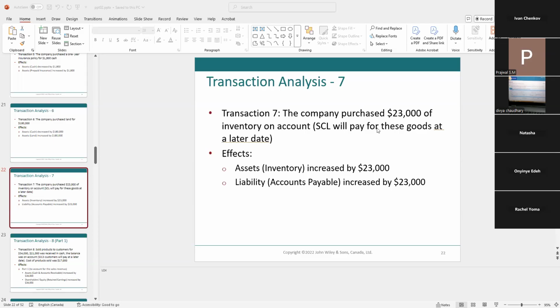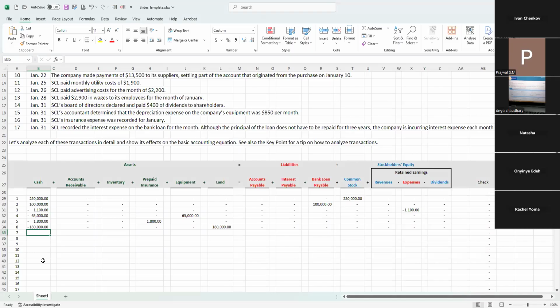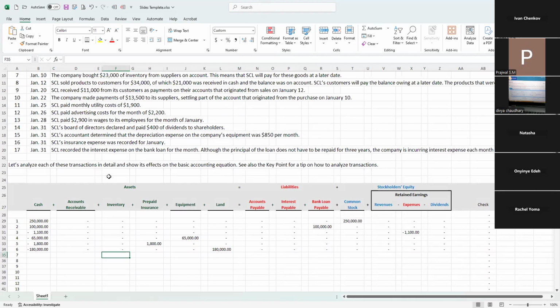We purchased inventory, $23,000, but on account. They have not paid it still. So let's see what that means. On account, what do we get first? Inventory. So it's a plus. Inventory will go up by 23,000. Did we pay cash?